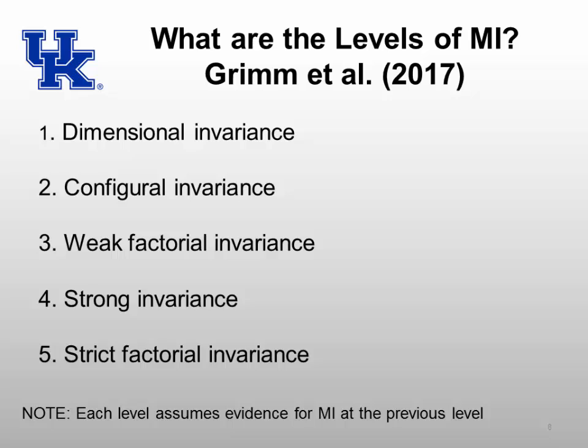So to give evidence of measurement invariance with my scale, with my data set, I want to get as high evidence as I can so that my results are valid. If you don't have enough evidence at the lower step, you probably won't be able to proceed to the next level. That's why people stop at a certain point.